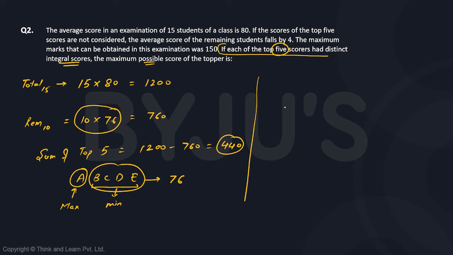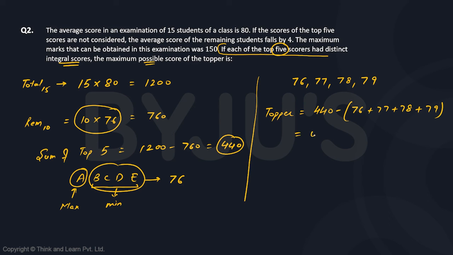So these 4 scores can be 76, 77, 78, and 79. To find out the score of the topper, we'll subtract these 4 scores from 440. So 440 minus the sum of these scores 76, 77, 78 and 79.